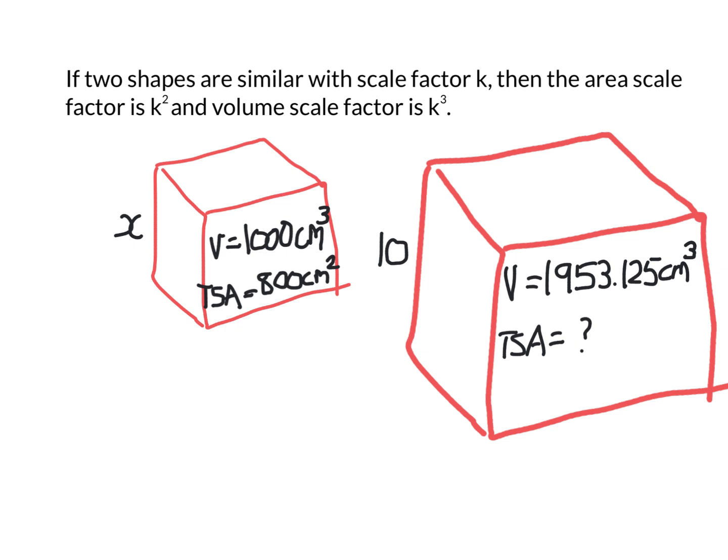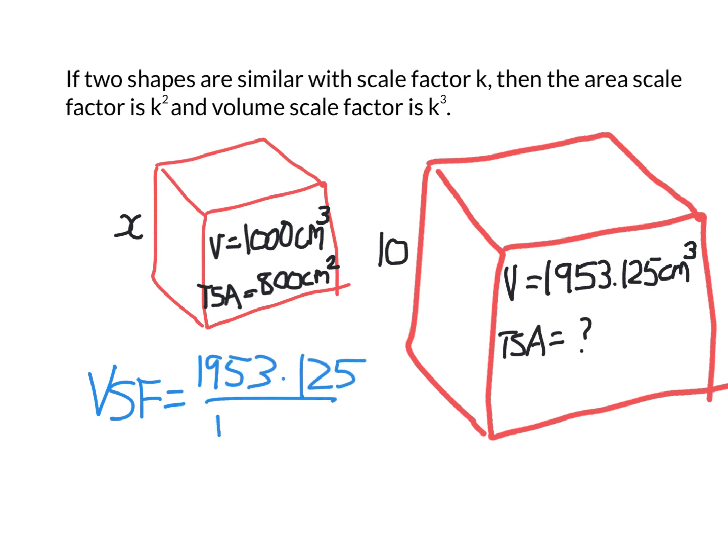So let's use that to find x and the surface area here in these two shapes. So we are given the two volumes of similar shapes. I'm telling you that these shapes are similar, so you don't need to prove it. So the volume scale factor is just the volume of the larger shape divided by the volume of the smaller shape.